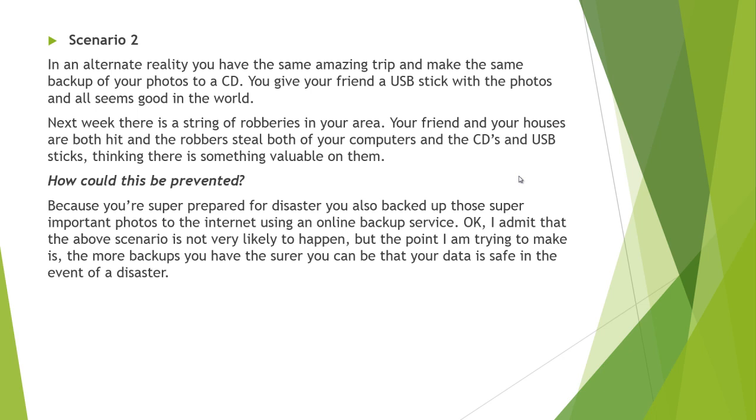Those are the 2 local backup methods that I'm going to go over, and I'm also going to go over an online backup method. I'm going to talk about the different online backup applications that are out there, and I'll show you a demo of how to set one up and how to start using it. Alright, so let's get started.